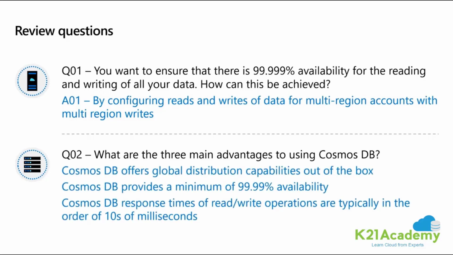So Cosmos DB offers globally distributed capabilities out of the box, with a minimum availability of 99.99%, and the read-write latency is typically in the order of tens of milliseconds, right? Remember the actual numbers: less than 10 milliseconds and less than 15 milliseconds.